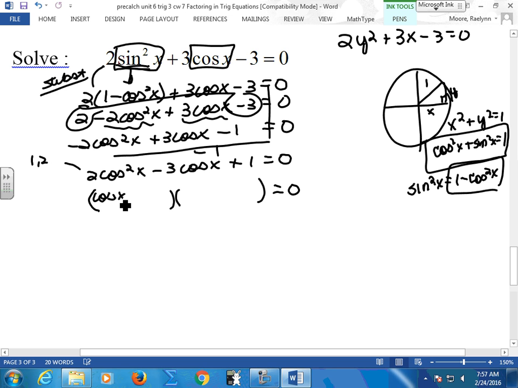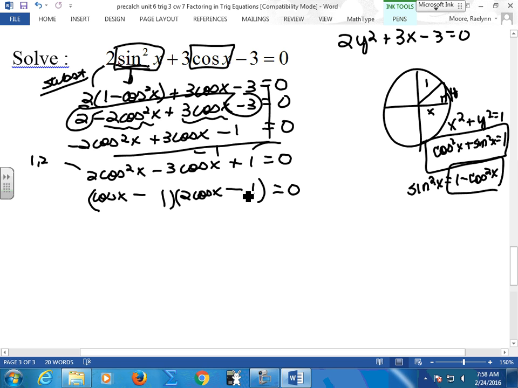Cosine x, cosine x. This only factors to 1 and 1. All you've got to do is come up with the signs in the middle. When they multiply to give you a positive, but they add to give you a negative, what are your signs? They're both negative.